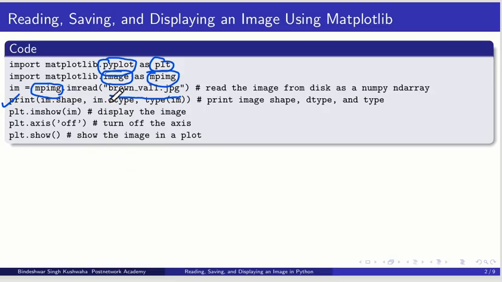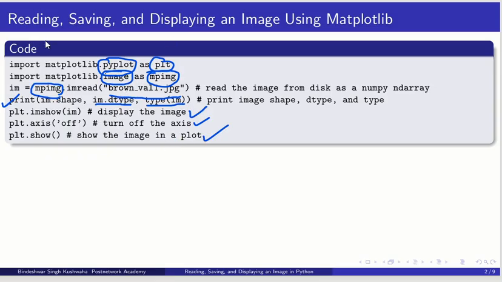I have taken an image size of 1600 by 1600. Thereafter it prints the data type, unsigned integer 8-bit, and then the type of the image. Then it will display the image, turn off the axis, and finally show the plot, that is, the image.